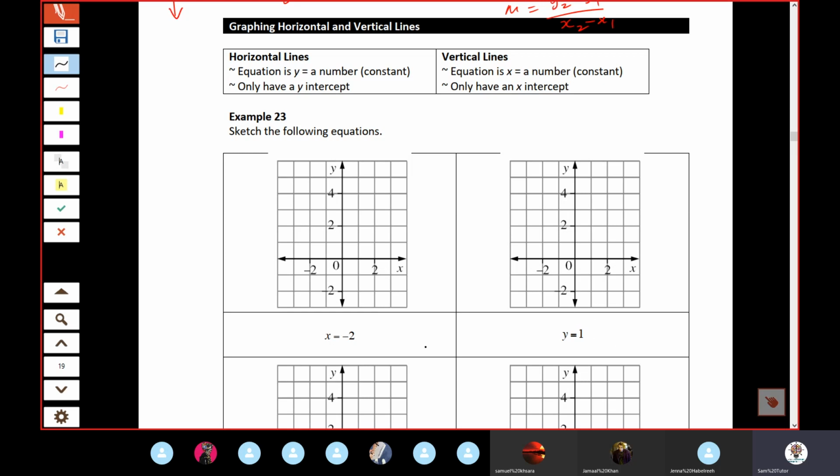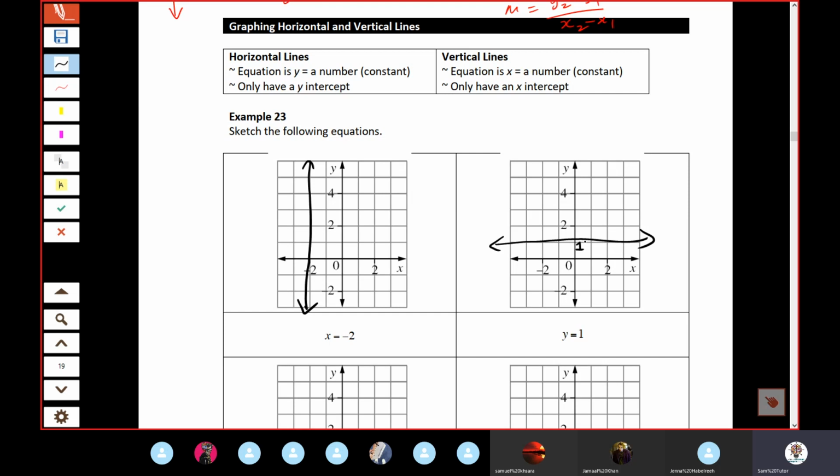The only reason they mix it up is that usually your y-axis is vertical and your x-axis is horizontal, but when we're drawing these graphs, x equals -2 is a straight vertical line. So it's the opposite. If you're thinking x equals -2 is a horizontal line, it isn't. X equals -2 is a vertical line, whereas y equals 1 is a horizontal line.